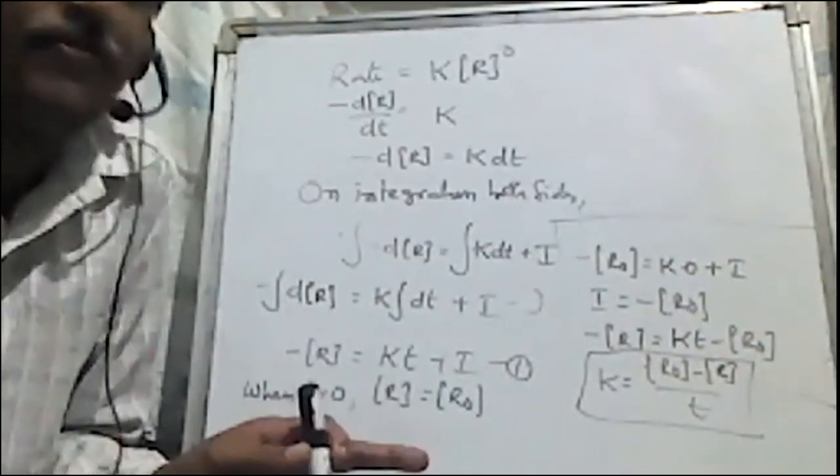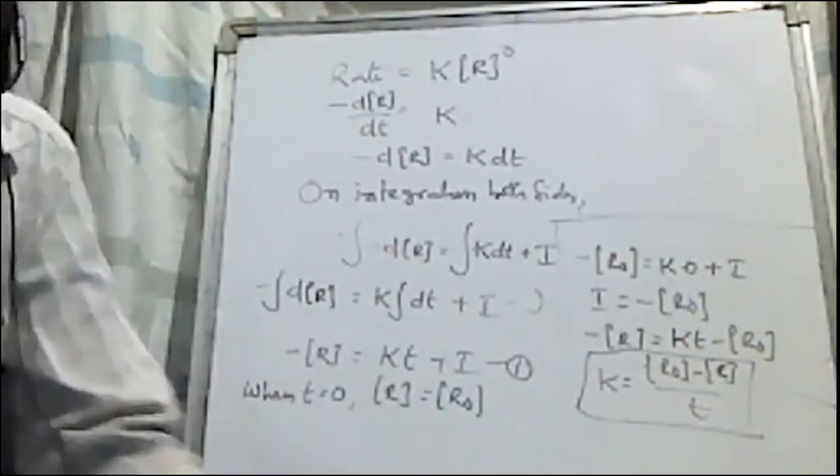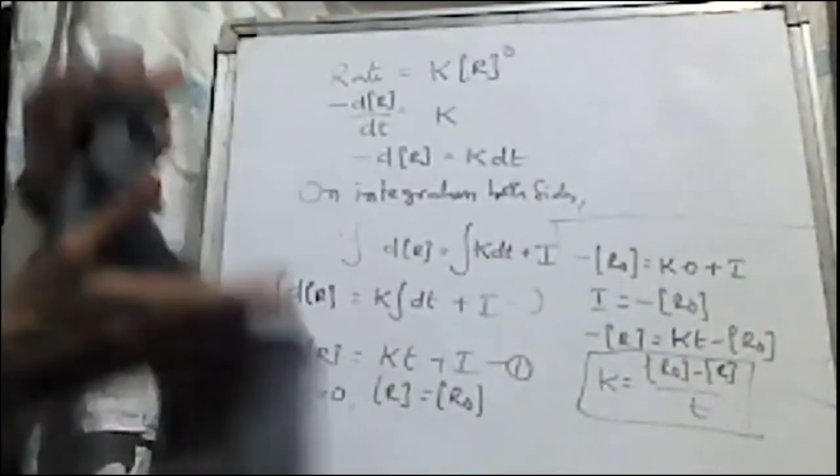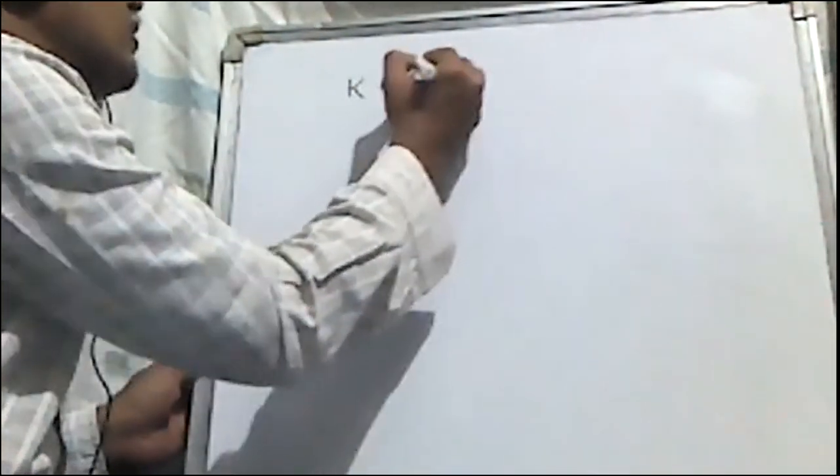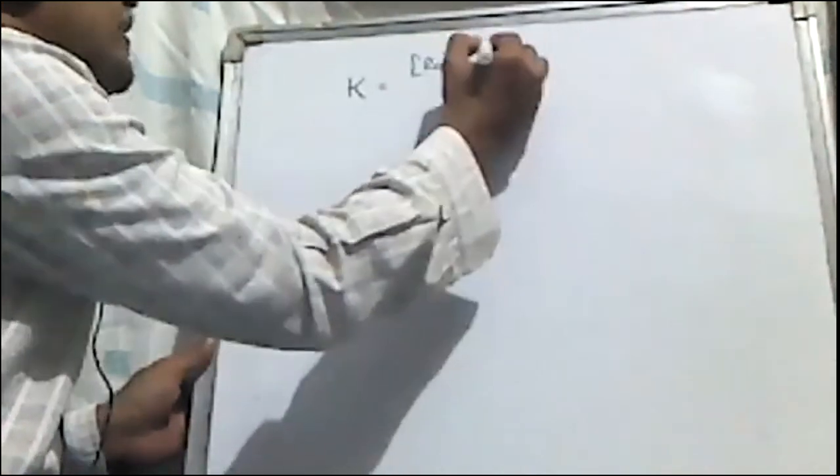This is the expression for the rate constant of a zero order reaction: k is equal to R naught minus R by t.